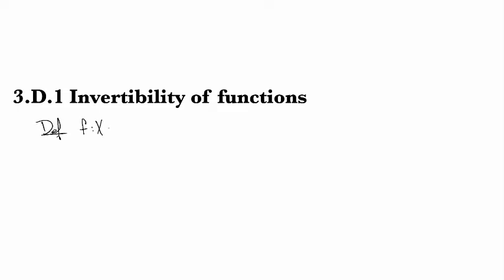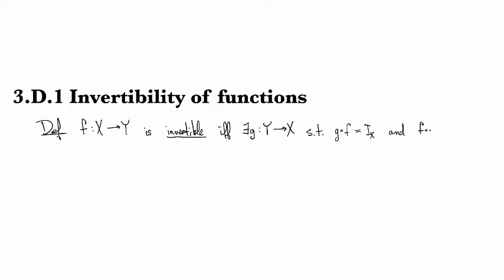So if we've got a function f from a set x to a set y, it's said to be invertible if and only if there exists a g that has domain y and codomain x, so going in the opposite direction, such that if you compose the functions one way, g of f, that gets you the identity function on x, and if you compose them the other way, first do g and then f, that gets you the identity function on y.